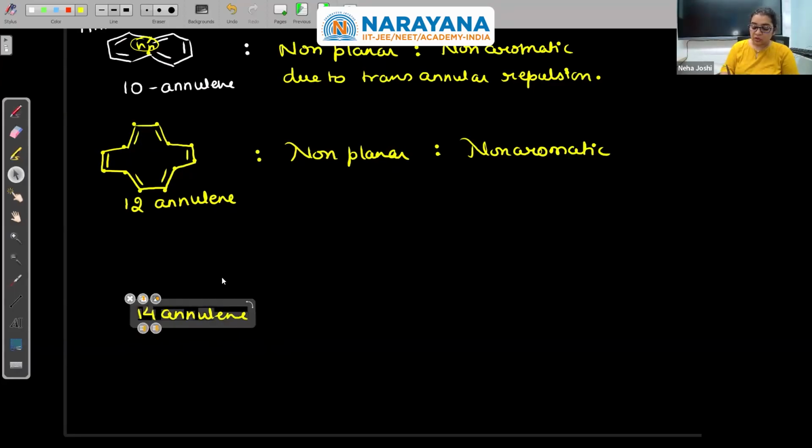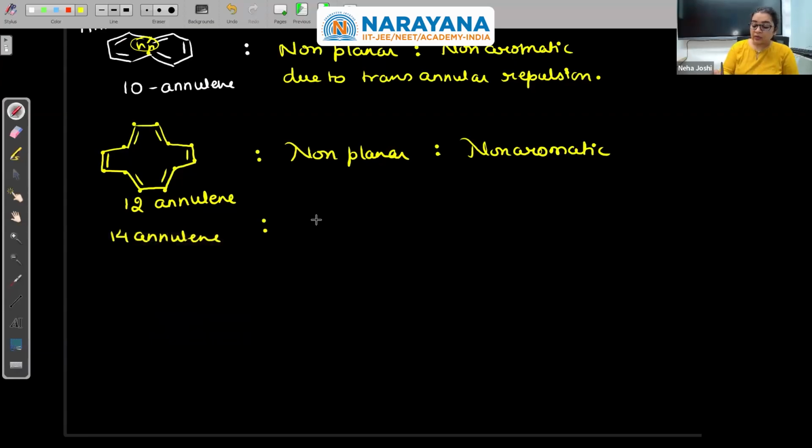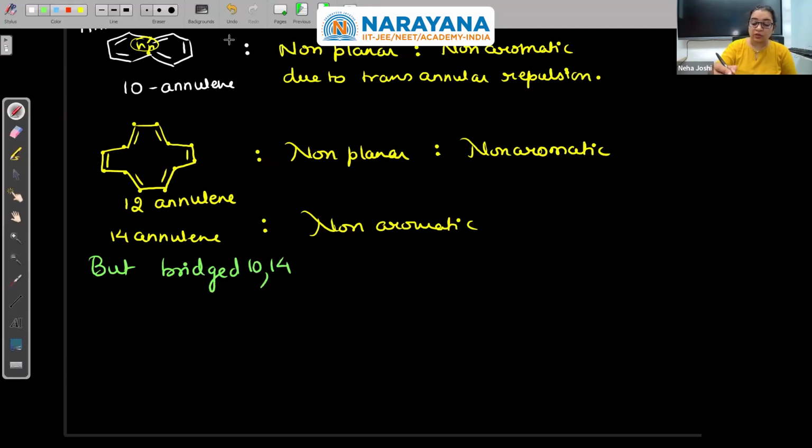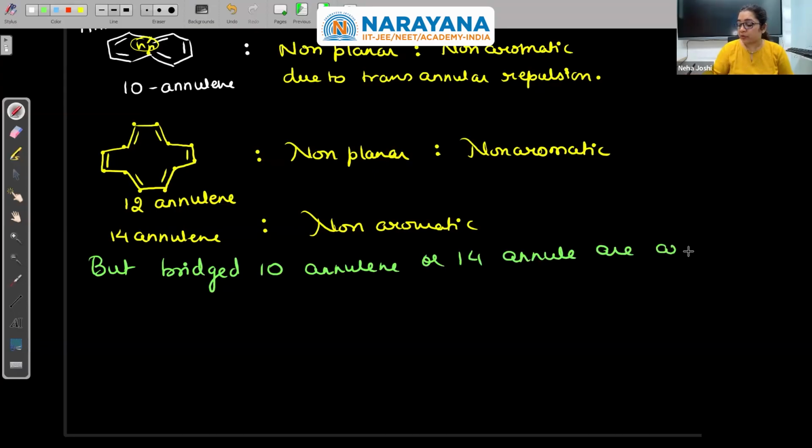Then similarly, you can just keep on going, say 14 annulene. I will not draw the structure now, I'll simply write, it is non-aromatic. But bridged 14, bridged 10 and 14, the point is valid for both. So let me write properly. Bridged 10 annulene or 14 annulene are aromatic.